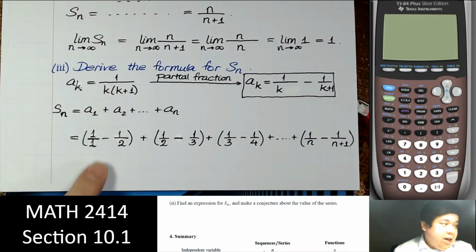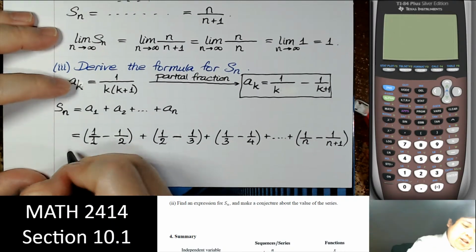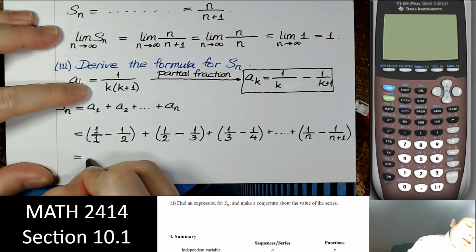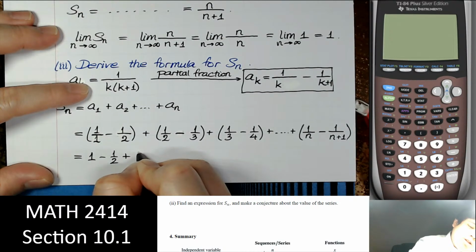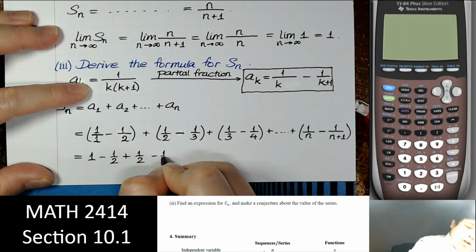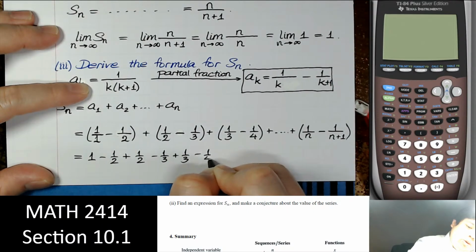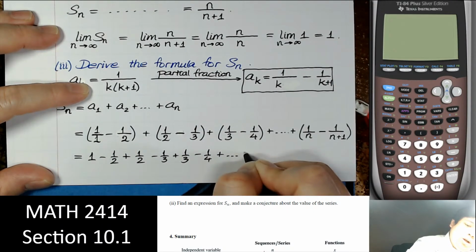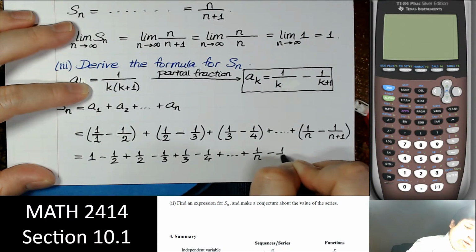So those are a1, a2, a3, up to a sub n. Now, we have 1 minus 1/2 plus 1/2 minus 1/3 plus 1/3 minus 1/4, up to 1 over n minus 1 over n plus 1.